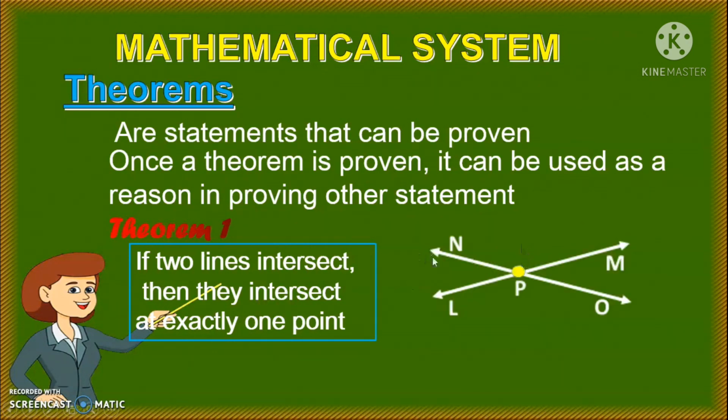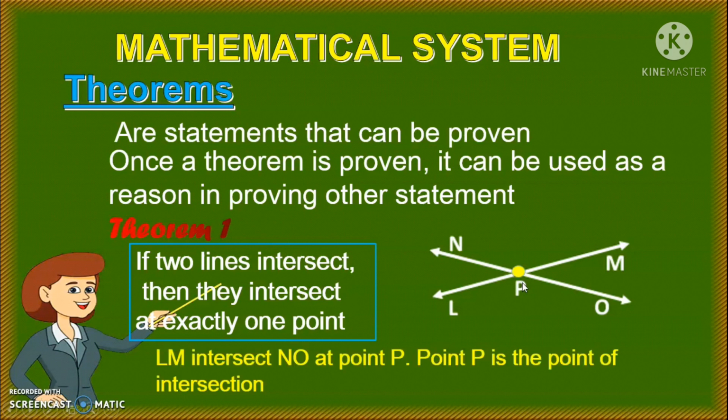Katulad nito, dalawang linya, which are line LM and line NO, nag-intersect sila sa isang certain point, which is point P. So, line LM intersects line NO at a point P. Point P is the point of intersection.